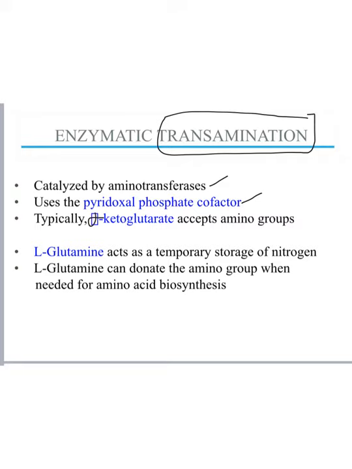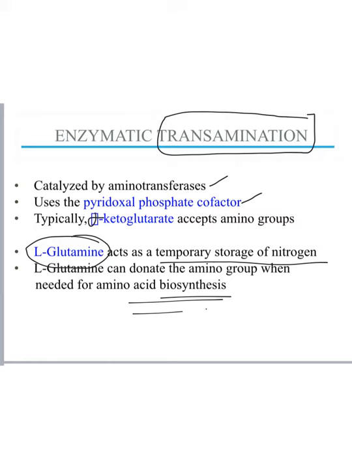The point here is to collect those amino groups from all the different amino acids that we have in the cell, and ultimately get them in the form of glutamate so that we can use them in other processes. L-glutamine is going to be a temporary storage of that nitrogen, and it can donate the amino group when it's needed for amino acid synthesis.